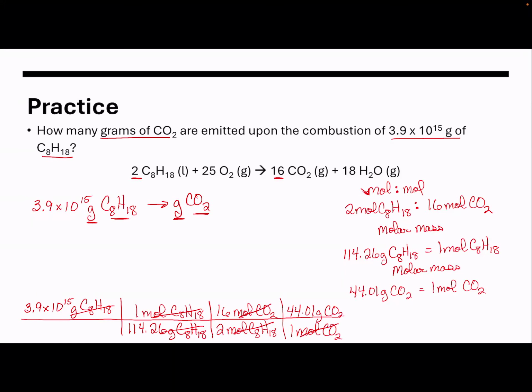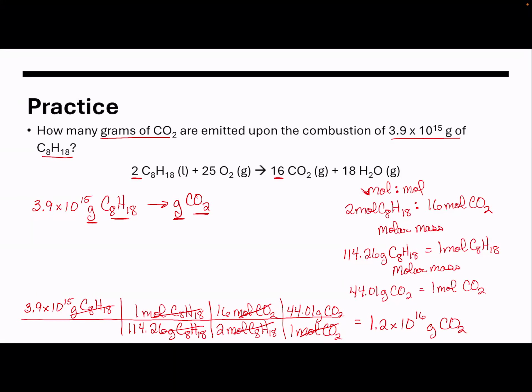Again, the moles of CO2 had to go in the denominator so that it would cancel out. And I'm left with grams of CO2. I'm now ready to key this into the calculator. And when you key this into the calculator, you get a value of 1.2 times 10 to the 16 grams of CO2.